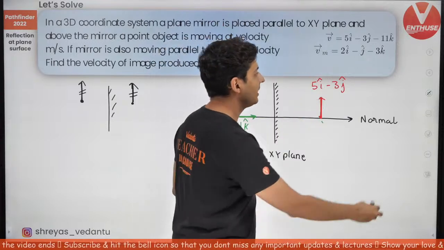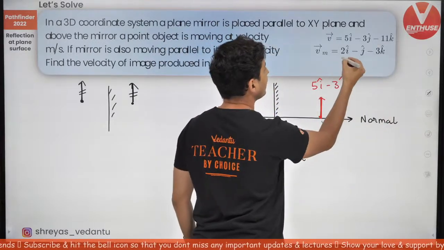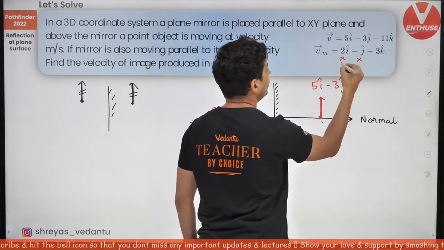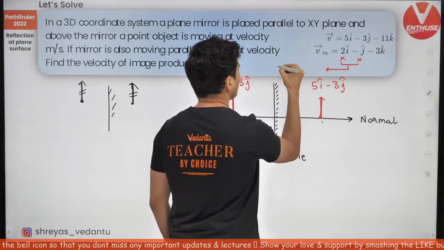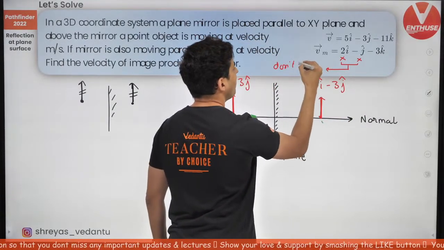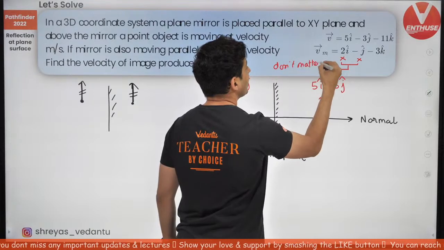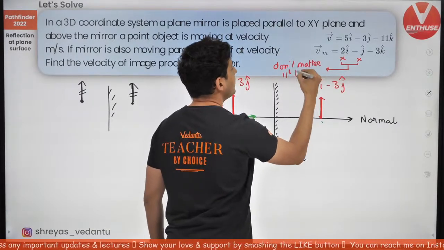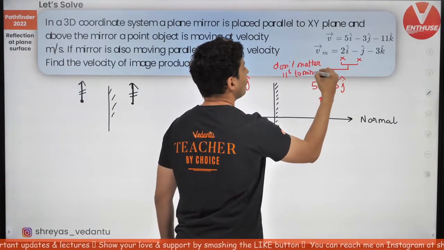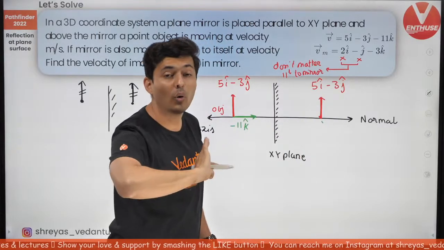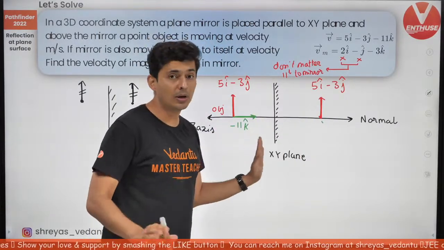But out of that, these two components will not even matter. Why don't they matter? Because they are parallel to the mirror. I cap and J cap will not matter.